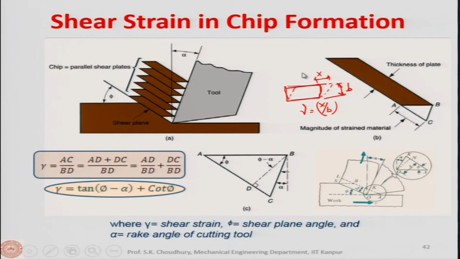Now, in case of metal cutting, the shear strain can be found out using this concept: the chip which is flowing along the rake face of the tool can be assumed to be segregated, as if we are taking it into different slices. The entire chip, we are assuming, has slices of a particular thickness.